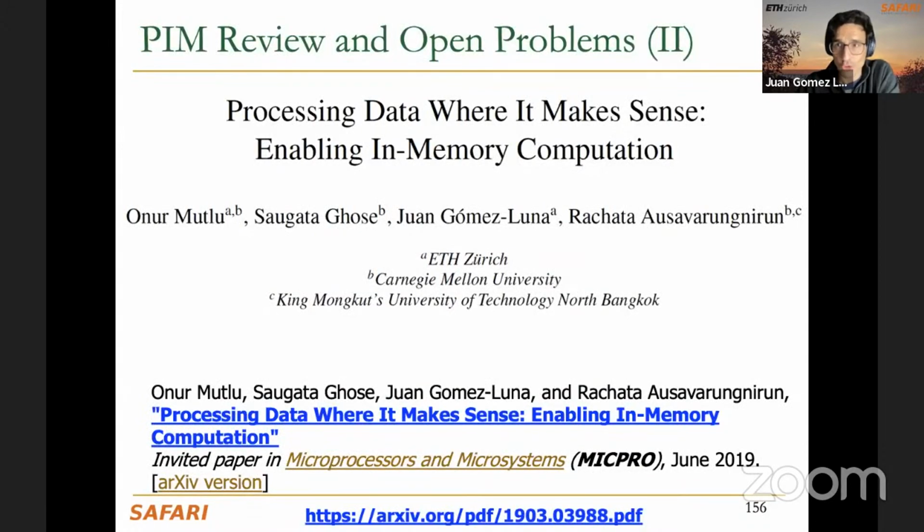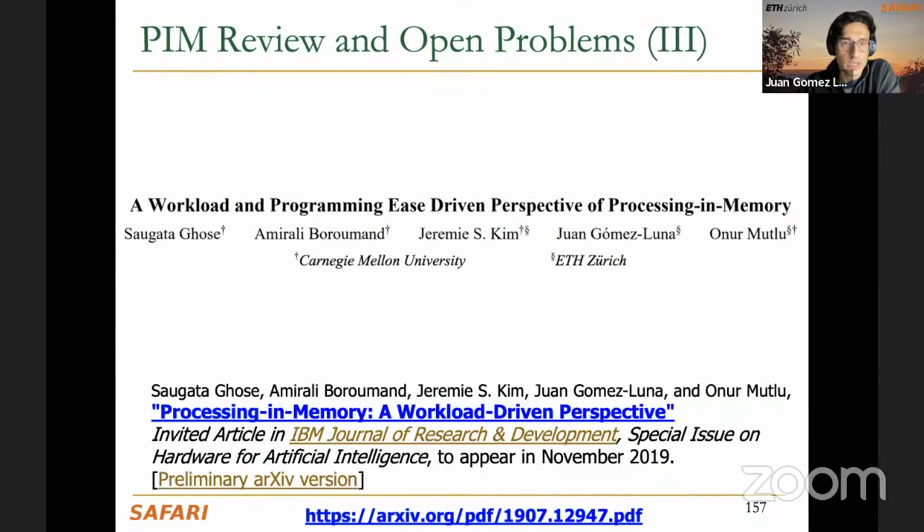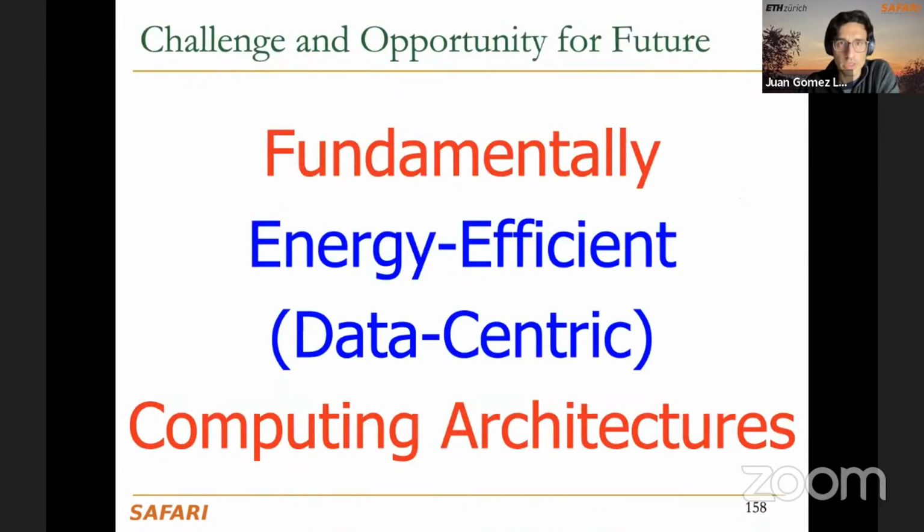Remember as well that we have shorter versions of this book chapter, this older one, MICRO, published in 2019, and this other one that is more focused on workloads and programming. Remember that processing in memory is a challenge and an opportunity for the future.